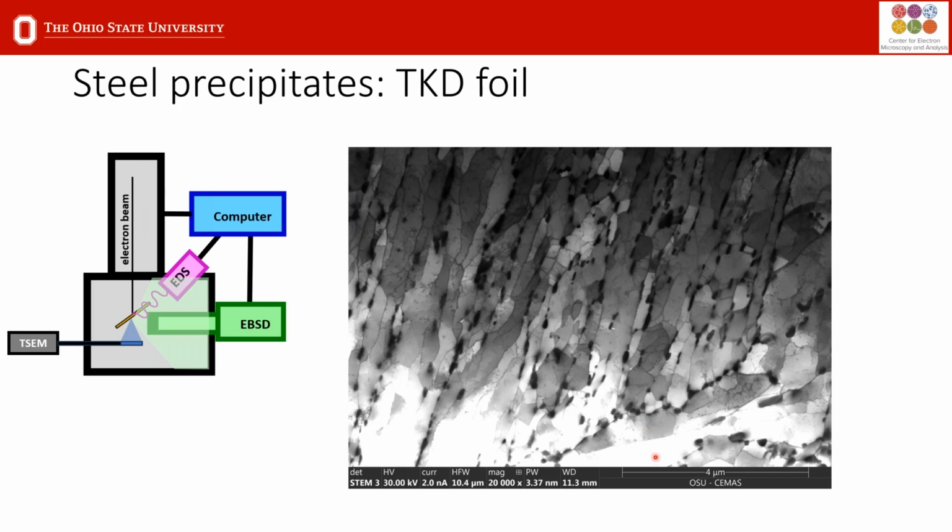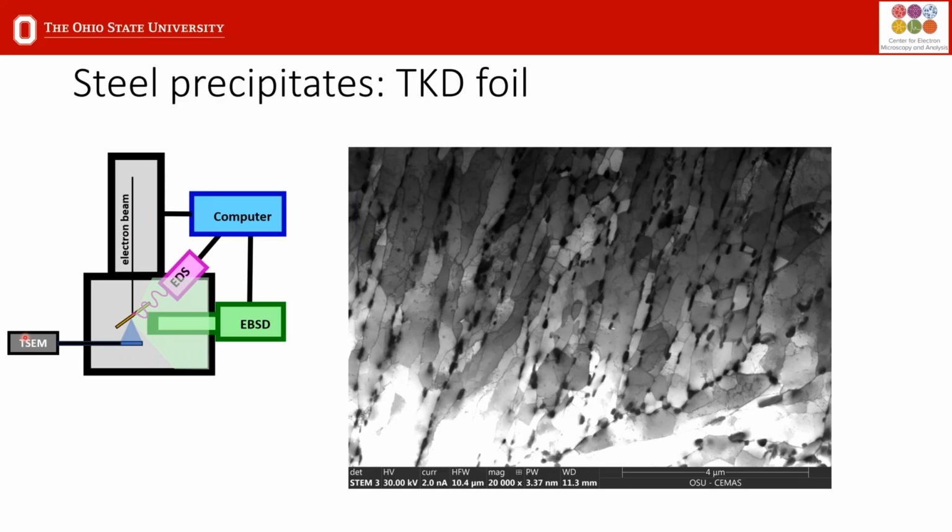But you end up with this sort of wedge-shaped material where around the hole, the sample is very, very thin. And then as you move away from the hole, the material gets progressively thicker.